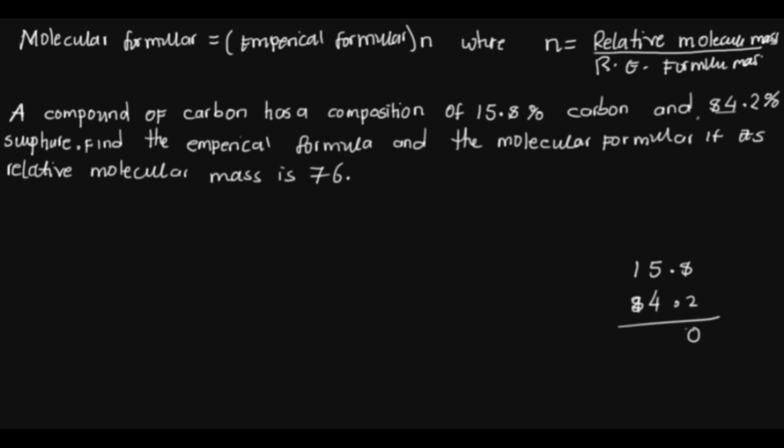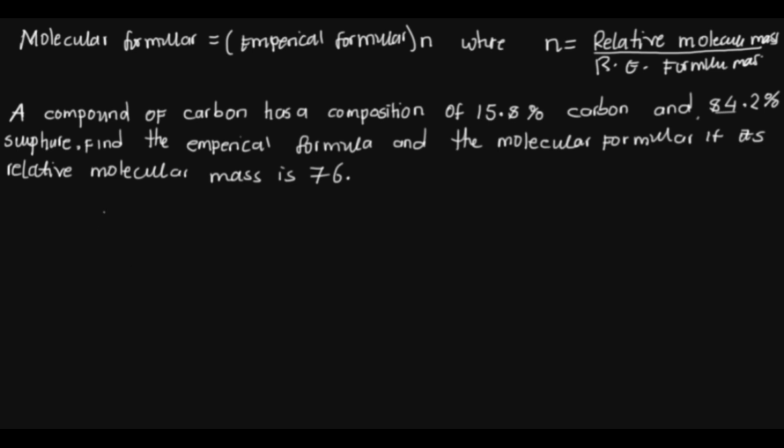You can see the percentage is adding up to 100. So that is the first step that you need to do: make sure the given percentages add up to 100.